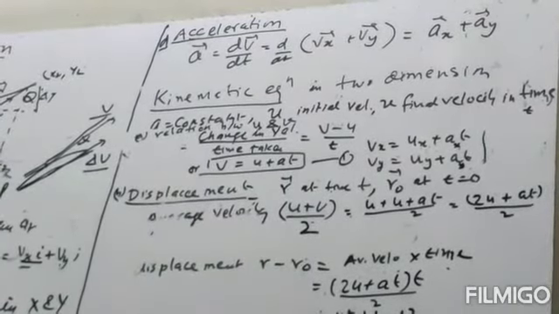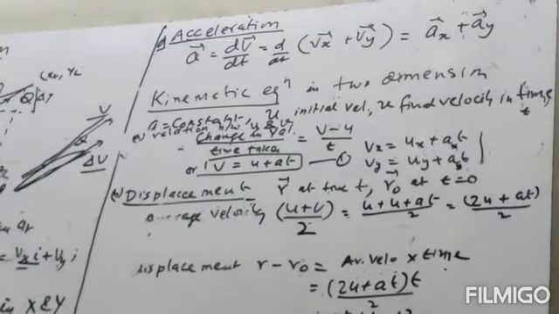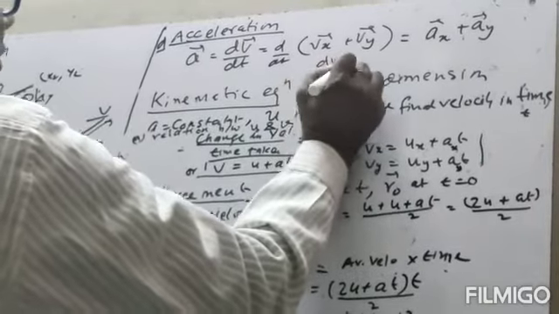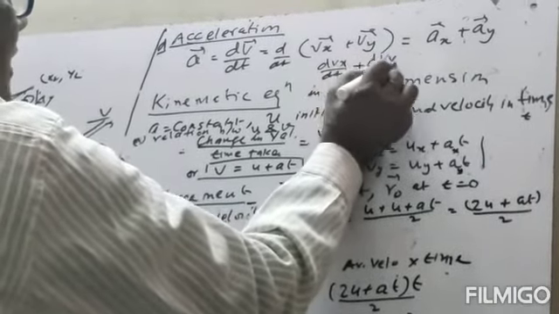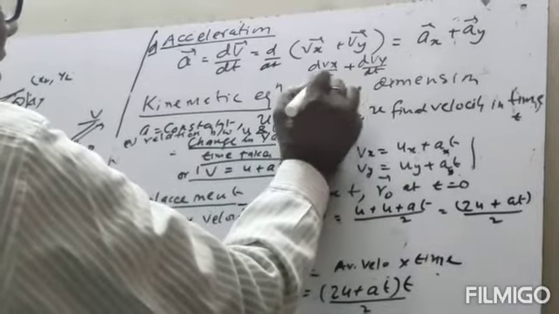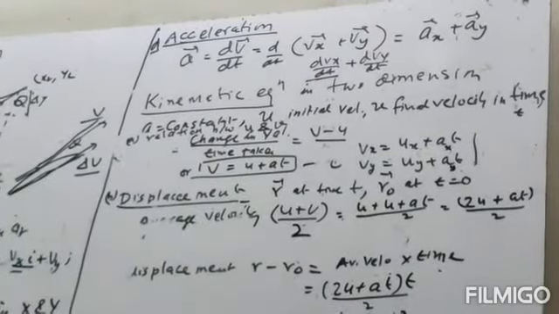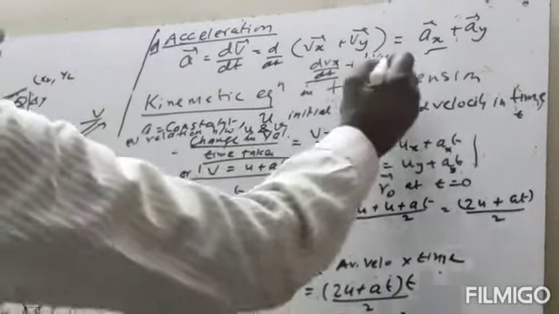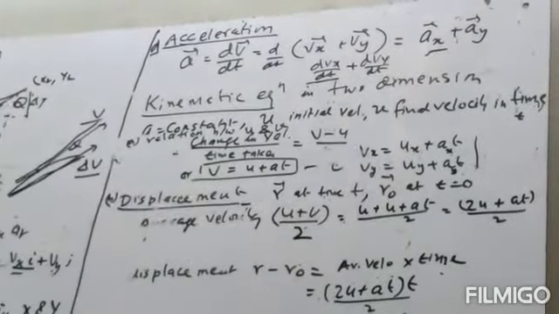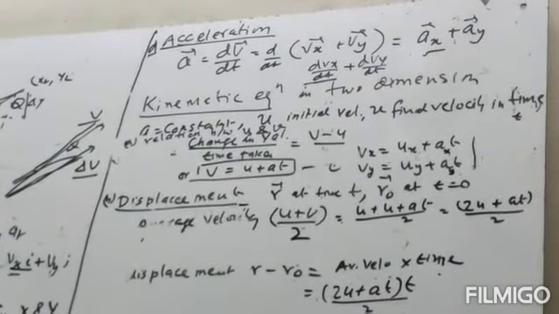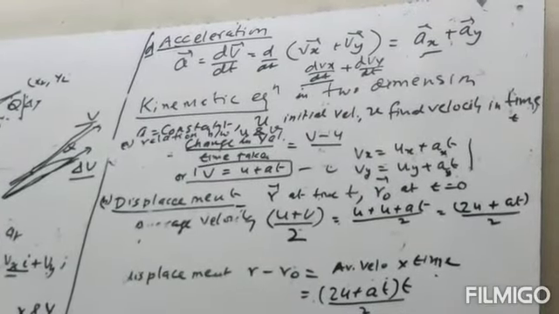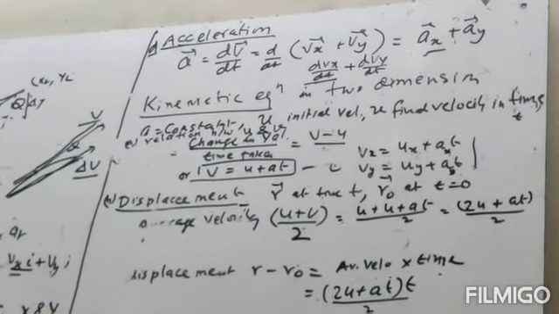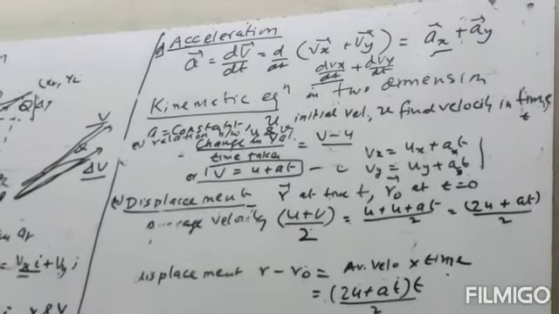So it will be equal to dvx by dt plus dvy by dt. dvx by dt we call ax and dvy by dt we call ay. So acceleration a will be equal to the vector sum of acceleration in x direction plus acceleration in y direction.